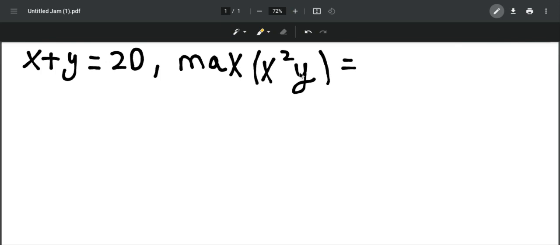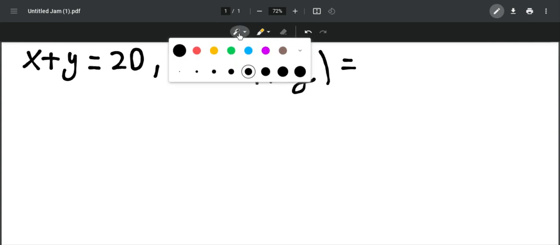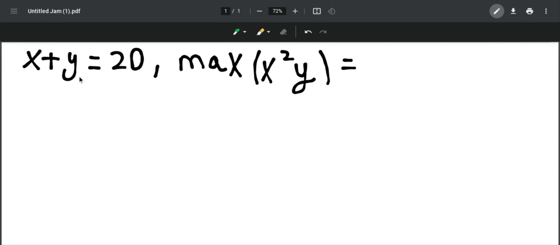First of all, I'm going to create a function from this x squared y. I'm going to create a function that is based on just one variable, in this case in terms of x. So I'm going to solve for y in this equation. We can see that y is equal to 20 minus x.